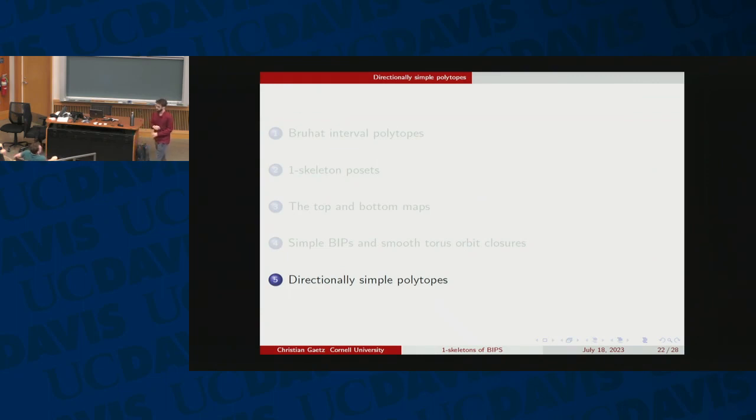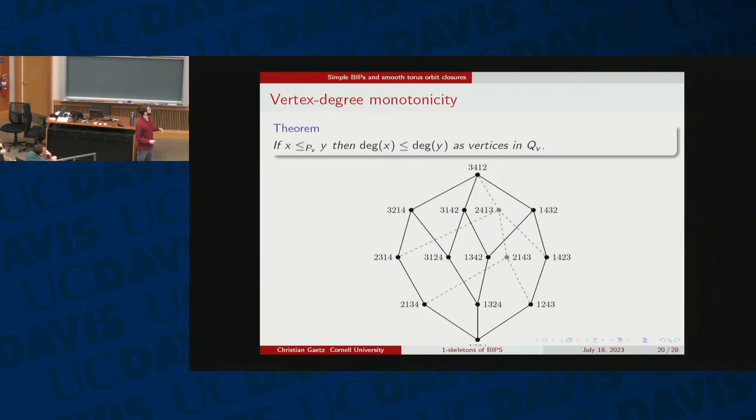Okay, I have only about a minute left, so I'm not going to have a chance to go too much through this last section, but there's a sense in which these polytopes, although they're not simple, are always what I call directionally simple. So any subset of the edges going in the upward direction from a vertex spans a face in the polytope.